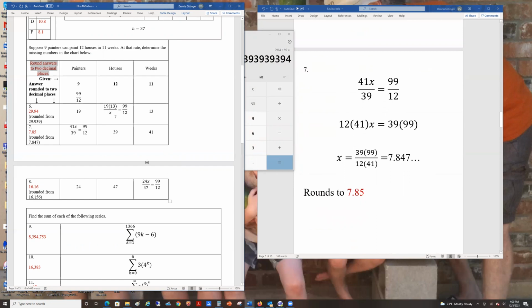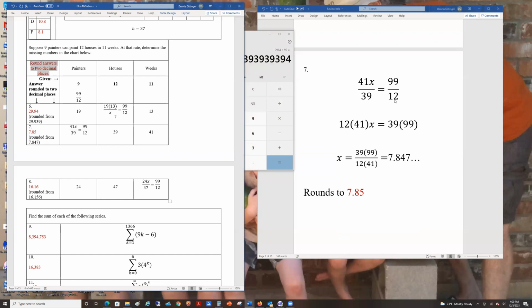Number 7, once again, the workers times the time is directly proportional to the amount of work that can be done. So 41 weeks, X workers, so X times 41 over 39, again, must equal 99 over 12.